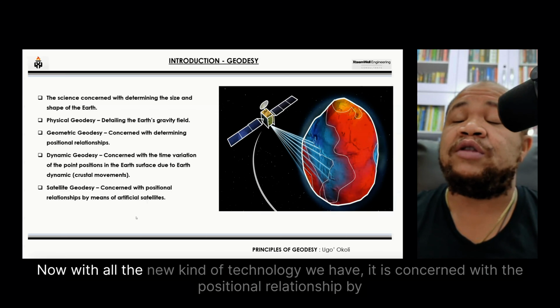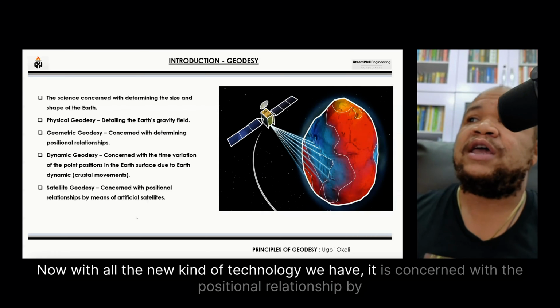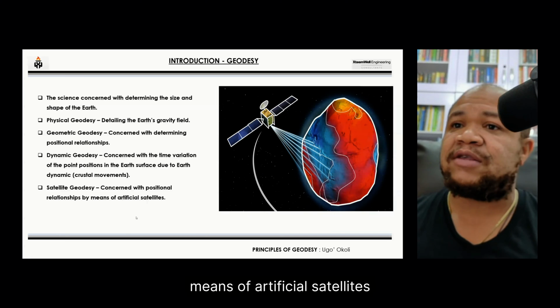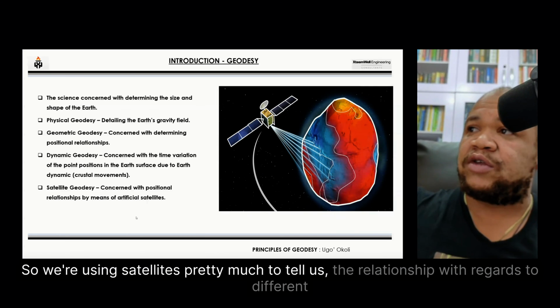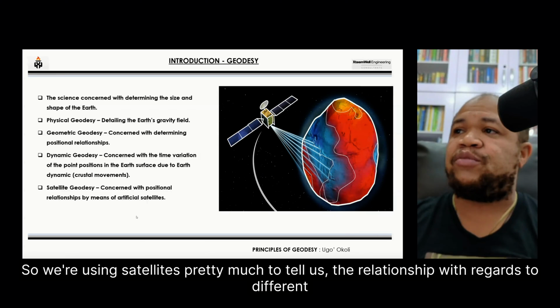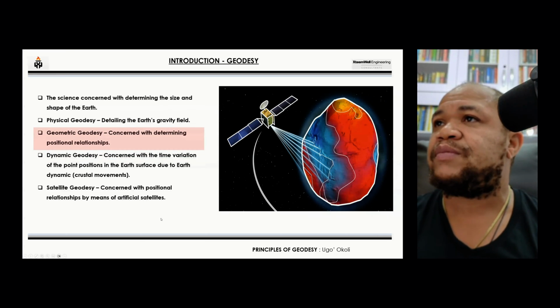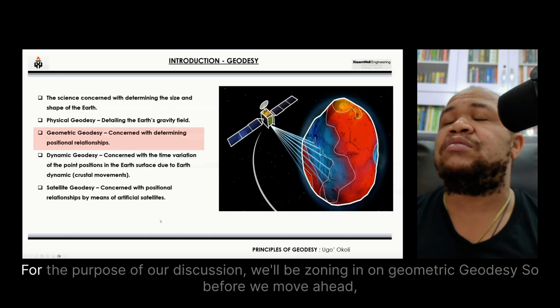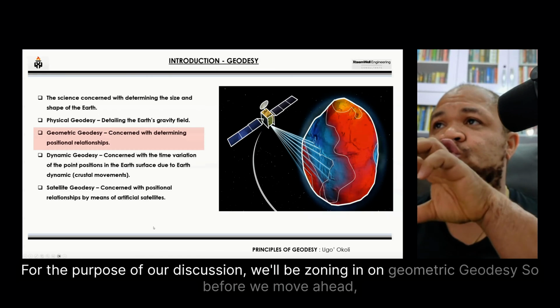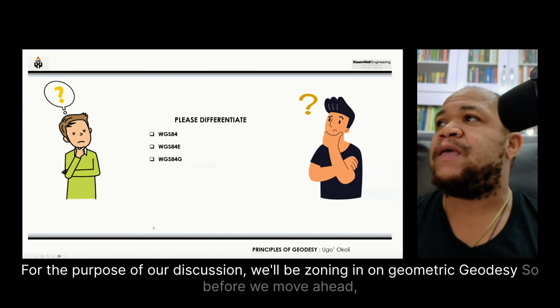Now, with all the new technology we have, it is concerned with the positional relationship by means of artificial satellites. So we're using satellites pretty much to tell us the position and the relationship between different positions. For the purpose of our discussion, we'll be zoning in on geometric geodesy.